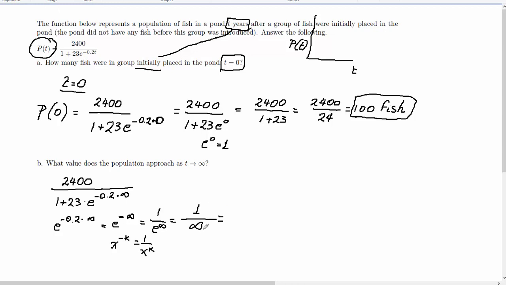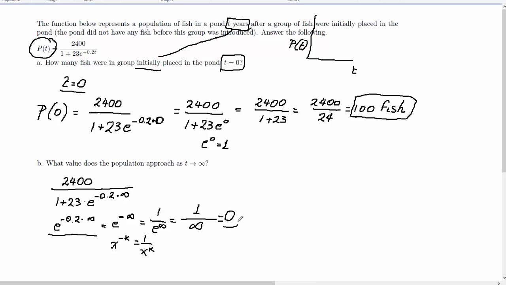I have 1 over infinity. What does this mean? This means take the number 1 and split it into an infinite number of pieces. Take a pizza and split it among billions of people. How big is the piece that you get? Extremely, extremely small. How small? Very close to the number 0. So basically, e to the negative 0.2 times infinity is almost 0.